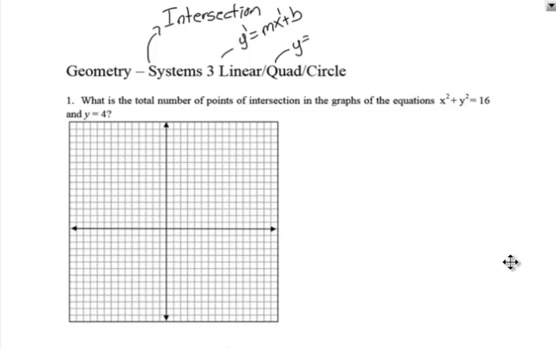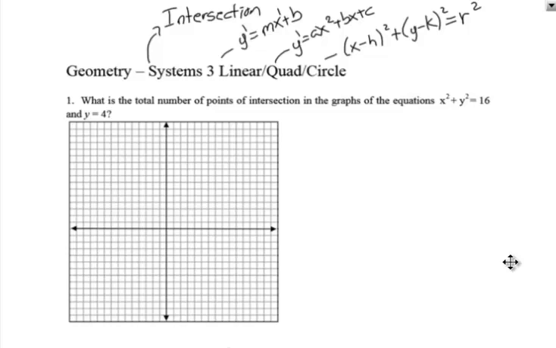Quadratic: y equals ax squared plus bx plus c. Again, we don't have to have all of those parts, but we need y to the first and x squared. And then circle: x minus h quantity squared plus y minus k quantity squared equals r squared. So in that case, we're looking at x squared, y squared, and r squared.